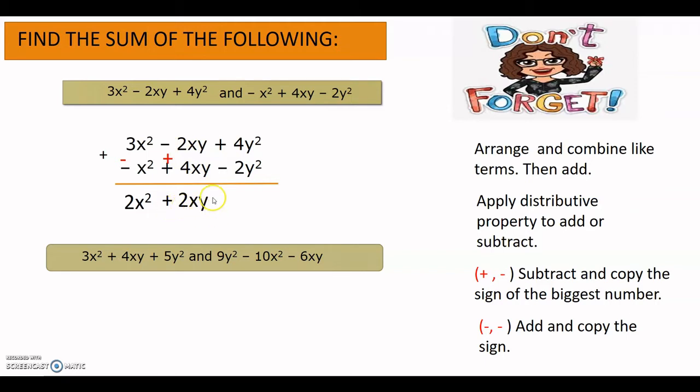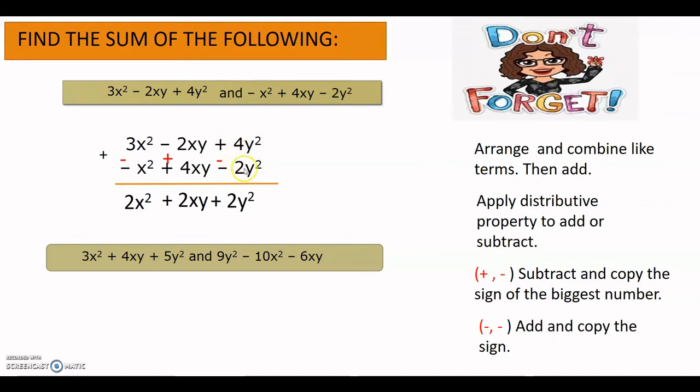Then our third term, positive 4y squared plus negative 2y squared. Here, negative times positive is negative. So, positive 4y squared minus 2y squared. Unlike signs, subtract and copy the sign of the biggest number. Here we have positive 4.